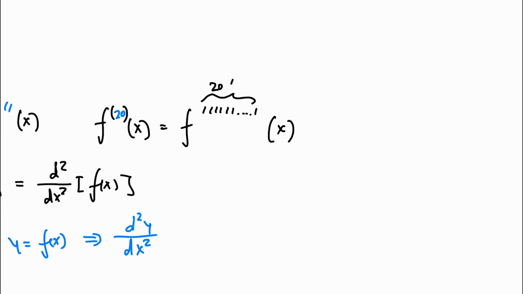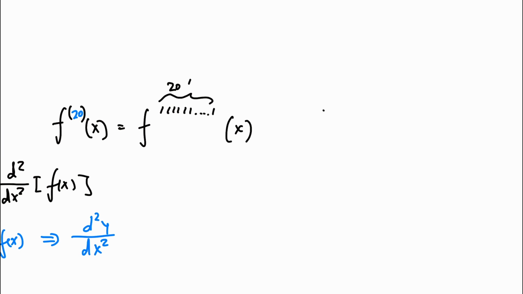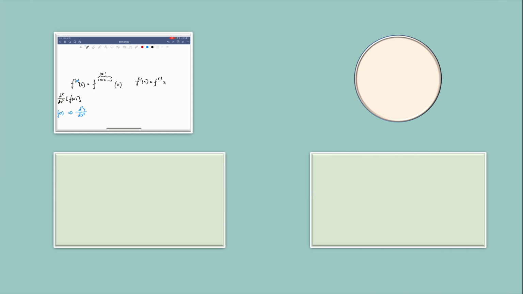This notation is often used when there are, let's say, more than 5 primes. Obviously you can write f prime of x as f with parenthesis 1 of x, but we don't really use it, and this is more widely accepted.